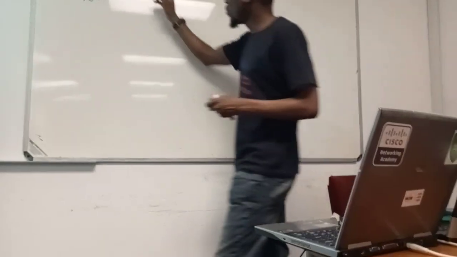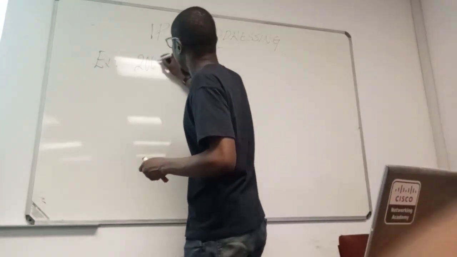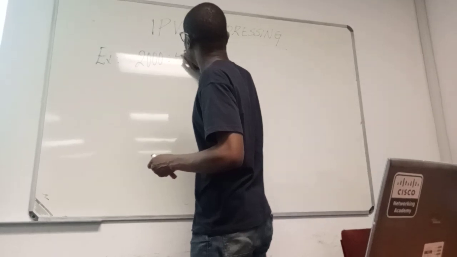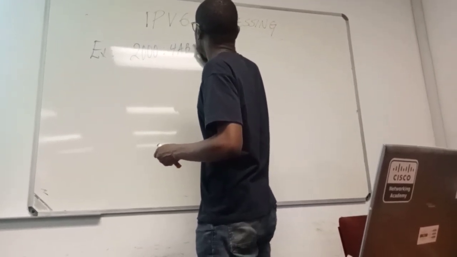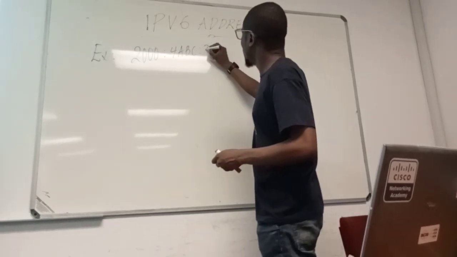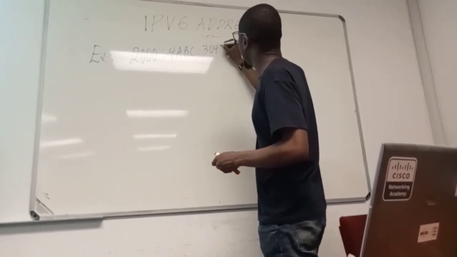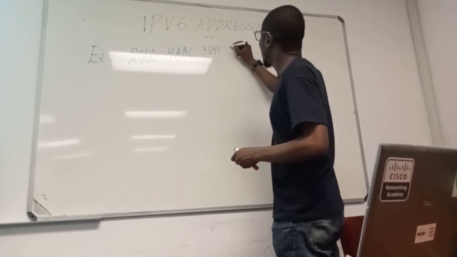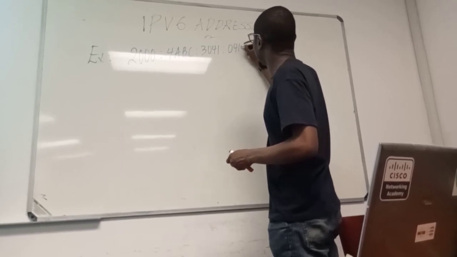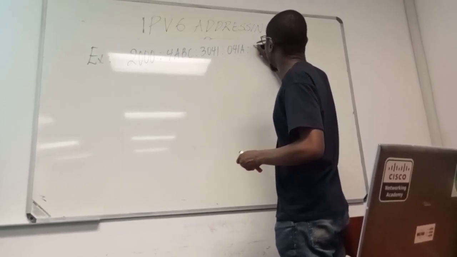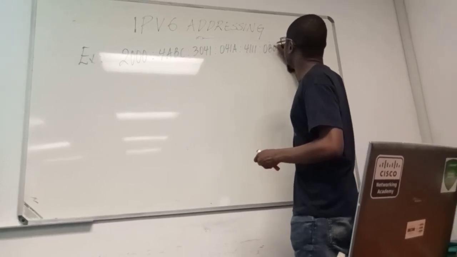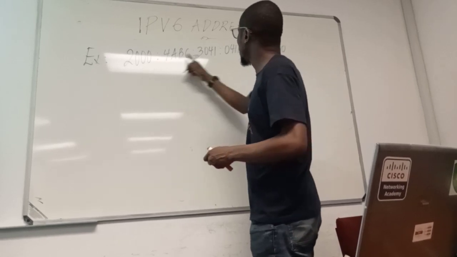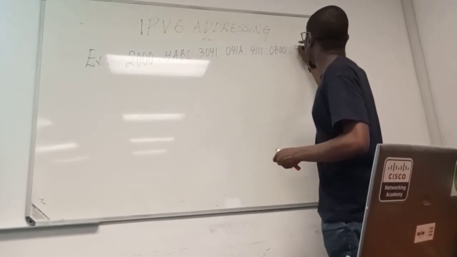Here I have just to change, like 2004, ABC, 3041, 01A, 4111, 0B00. How many parts? 1, 2, 3, 4, 5, 6.